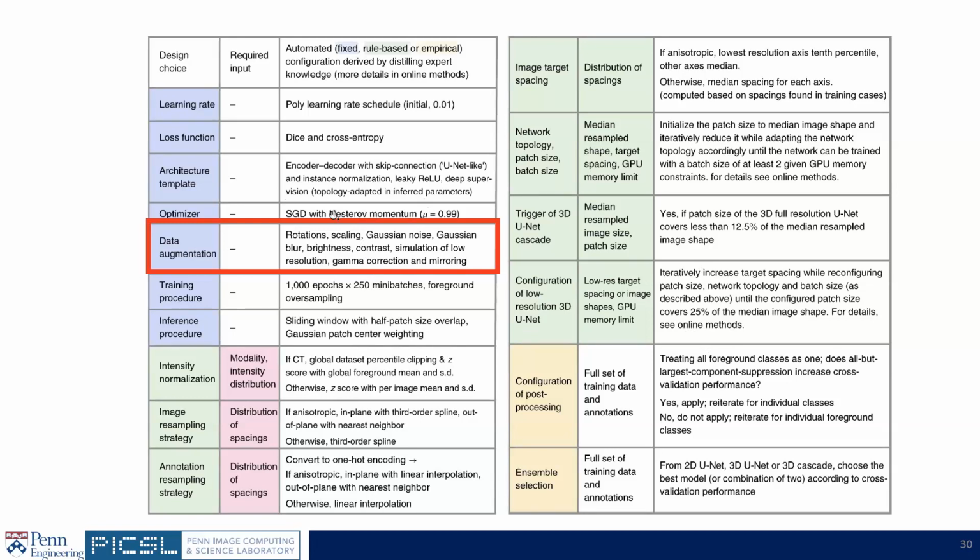In this particular paper, they go through simple rotation, scaling, addition or removal of Gaussian noise or different kinds of noises, gamma correction, brightness and contrast. I would recommend you think of smarter ways of coming up with data augmentation strategies because this can really boost your performance more than anything else in this particular repo.